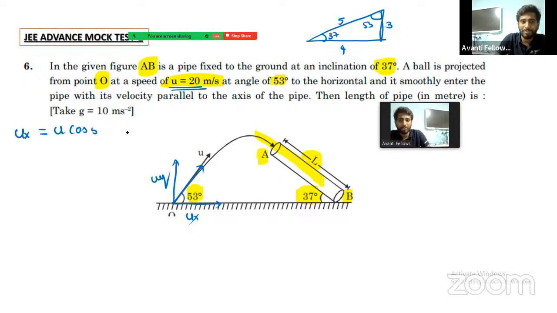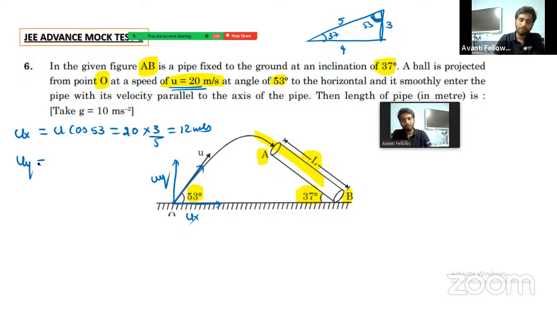The cos value is adjacent by hypotenuse, which means 3/5. Five ones are 5, fours are 20, 4 into 3 means it will be 12 meter per second. So in the horizontal direction the velocity is 12 meter per second.